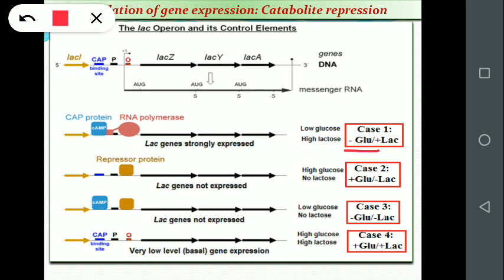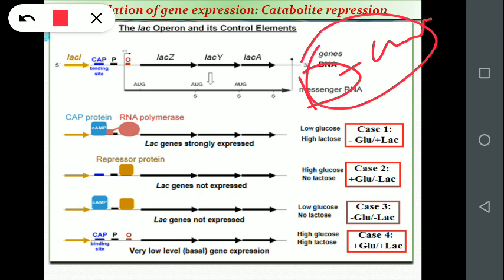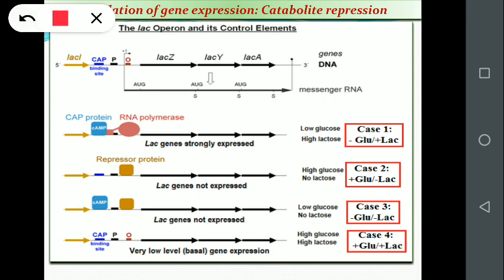If the glucose is not there, then cyclic AMP levels go up. And if the cyclic AMP levels go up, the CRP plus cyclic AMP complex, which is an activator protein, increases.